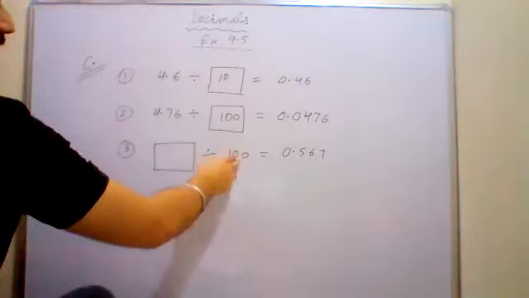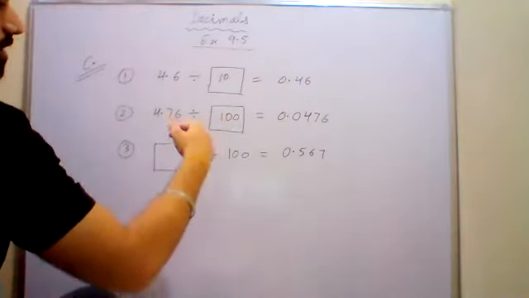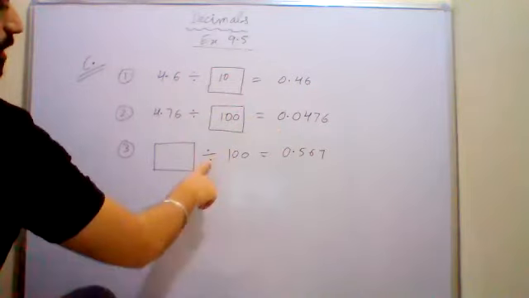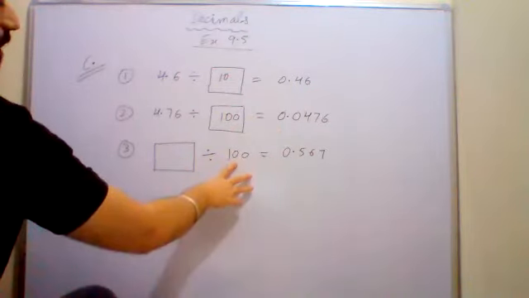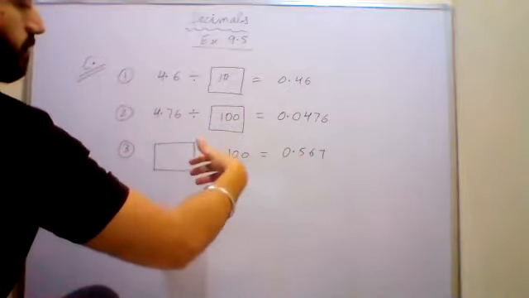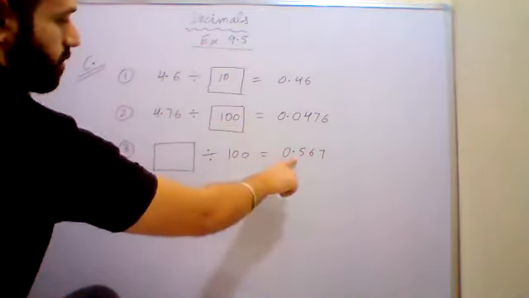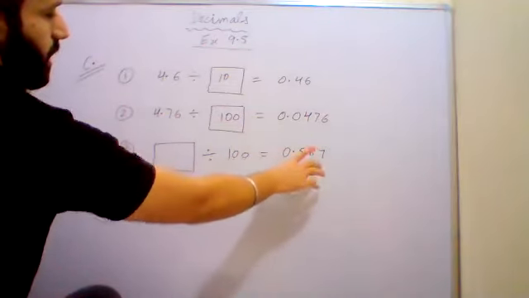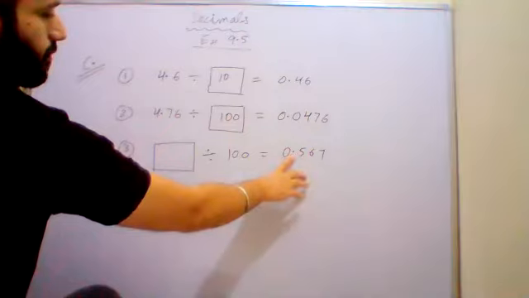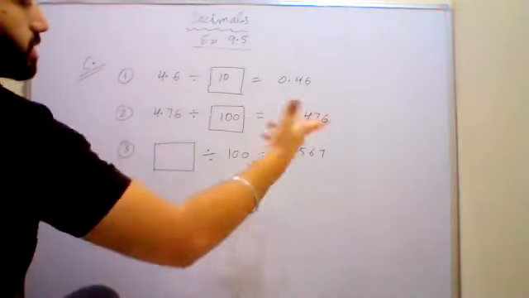When you divide a number by 100, we move the decimal 2 places to the left side. So the decimal has come here, to 0.567, after moving 2 places to the left side. So what is the original number?